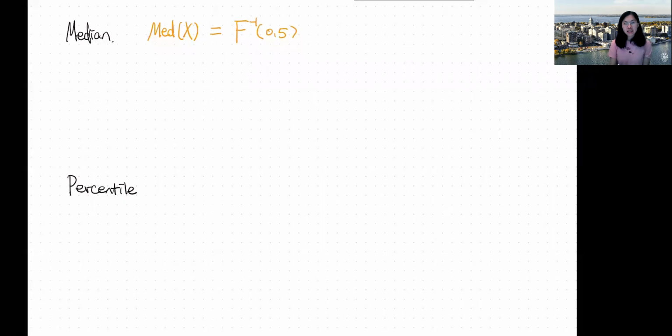It is called the median because this value is supposed to be right in the middle of the distribution. So in half of the states, the random variable is greater than this median, and in half of the states, the random variable is less than this median.